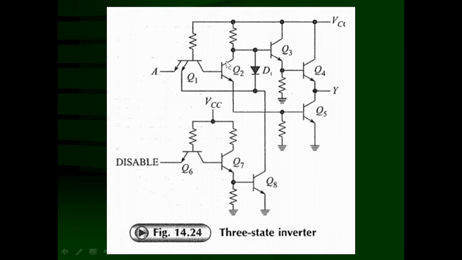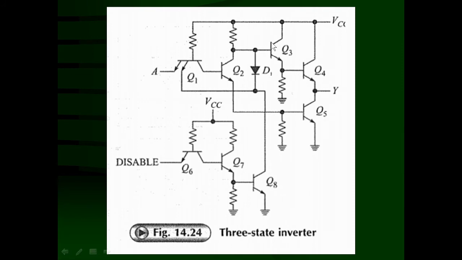Now, because this transistor is not conducting, if this diode is not there, the potential will be 5 volt. But because this diode is there, which is acting like a clamping action to the base of this transistor Q3, the current is going to be flowing through this diode to this transistor and to the ground, and hence the potential at the anode with respect to ground is only 0.7 volt, which is insufficient to drive transistor Q3 as well as transistor Q4 into conduction.